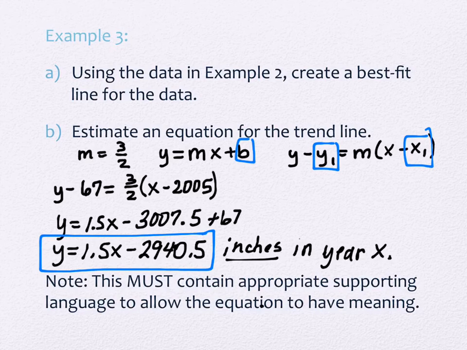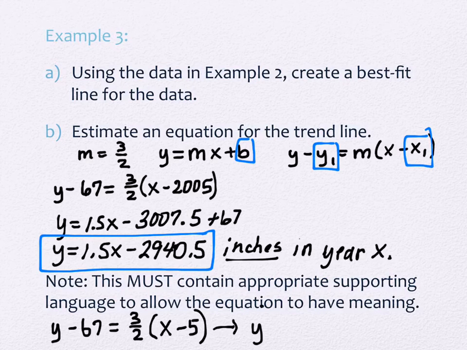So another way to do this is like this. We're going to use all the same information. We're going to enter it in a slightly different way. I'm still going to have y minus 67. I'm still going to have the 3 halves. But instead of having x minus 2005, I'm just going to do x minus 5. Okay? So I'm kind of going to ignore the 2000 part of this. So as I work with this in this fashion, I'd move my 67 just like I did before.